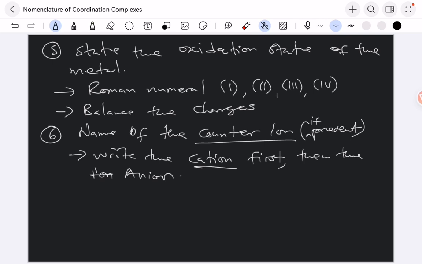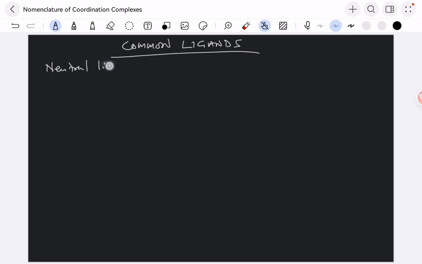Once we understand these steps, it's also important to look at the common ligands that we'll find. We have what we call neutral ligands. I'll just give a few examples.